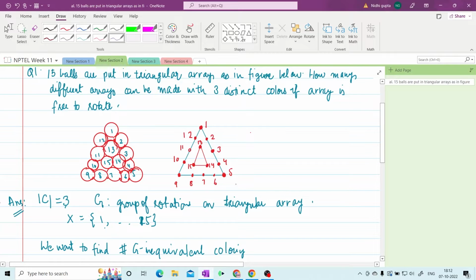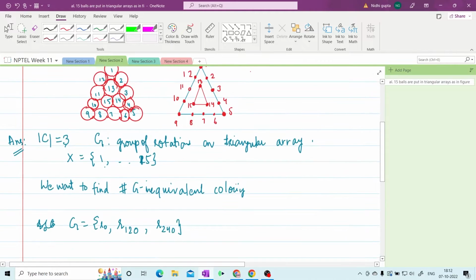We are saying two arrays are the same if the two colorings are the same, if one can be attained from the other by a rotation. So G is the group of rotations on this triangular array, and now we want to find G inequivalent colorings.